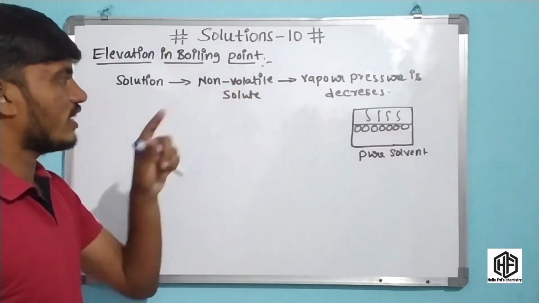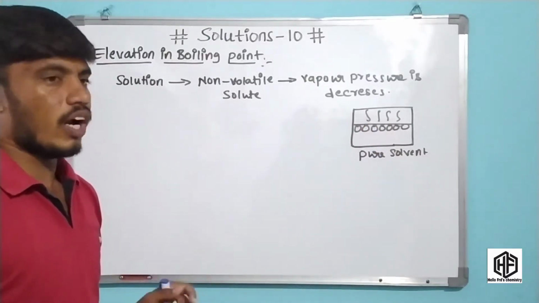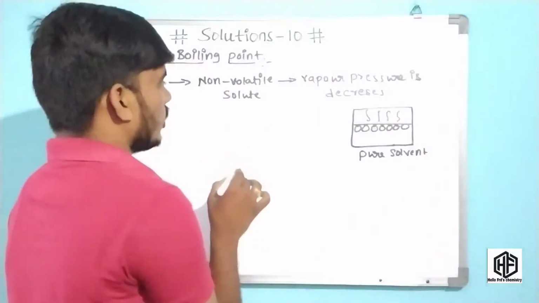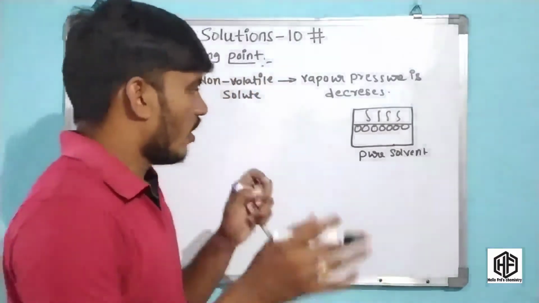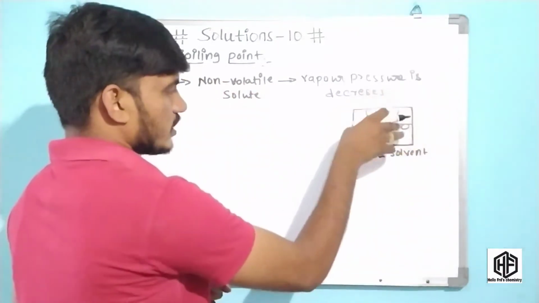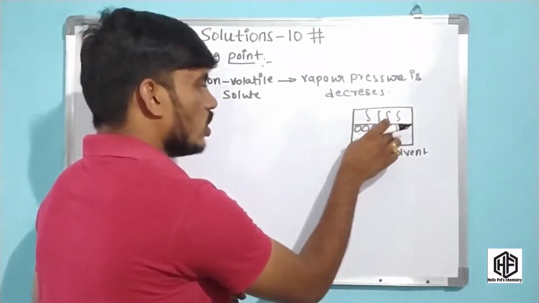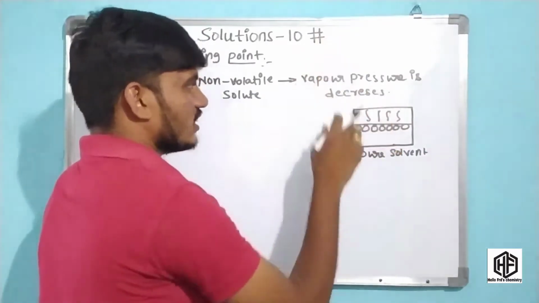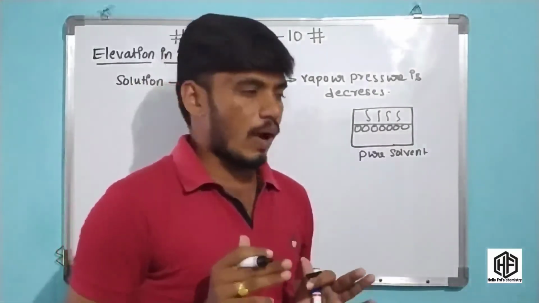Whenever a non-volatile solute is present, non-volatile solute means it has no tendency to evaporate. Whenever the non-volatile solute is present in this pure liquid or pure solvent, the solution vapor pressure decreases. This is the basic concept of relative lowering of vapor pressure.